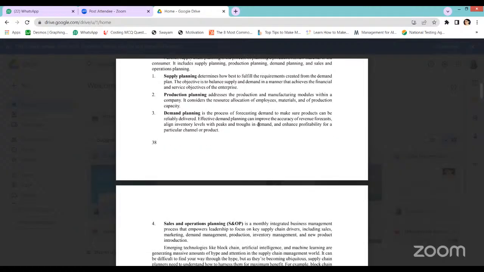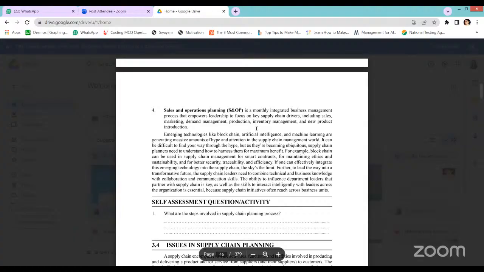Then demand planning is the process of forecasting the demand, making sure that your product is really delivered on time. Effective demand planning can improve the accuracy of the revenue forecast, and you are able to align your inventory levels according to demand fluctuations, so that the organization will be profitable even in a tough market.